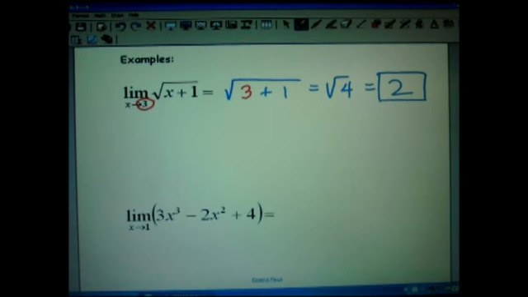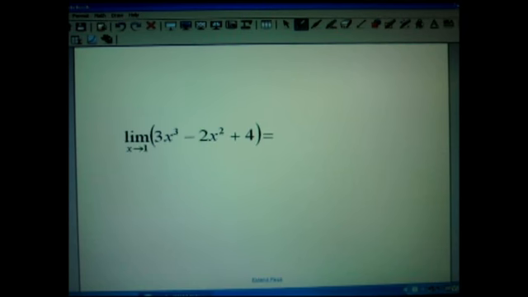Very similar down here. I've got the limit as x approaches 1 of this function. Well, if I rewrote this the same as I did there, we use one color for the original function and then another color for the limit value, what x is approaching. Well, if x is approaching 1, that means I just put 1s in there for the x's.